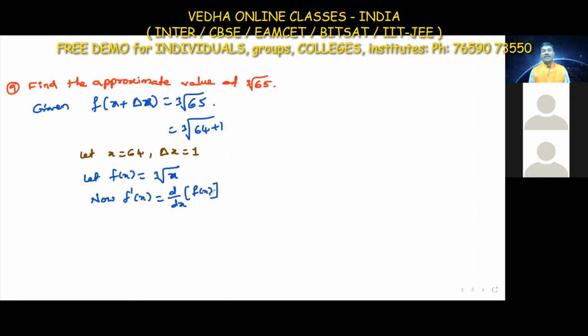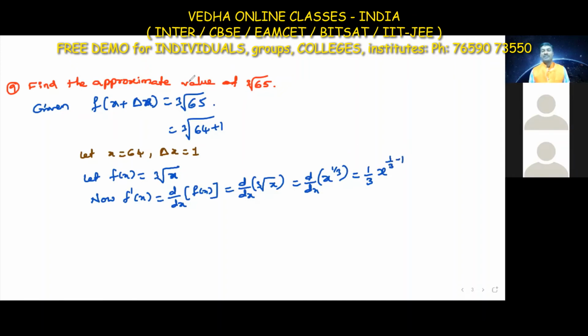So d by dx of cube root of x. This cube root of x we can write as x to the power 1 by 3. Now it is in the form of x power n, so 1 by 3 times x to the power 1 by 3 minus 1.